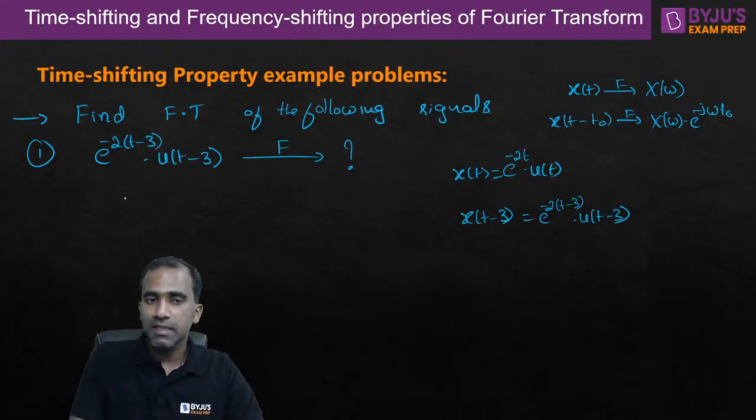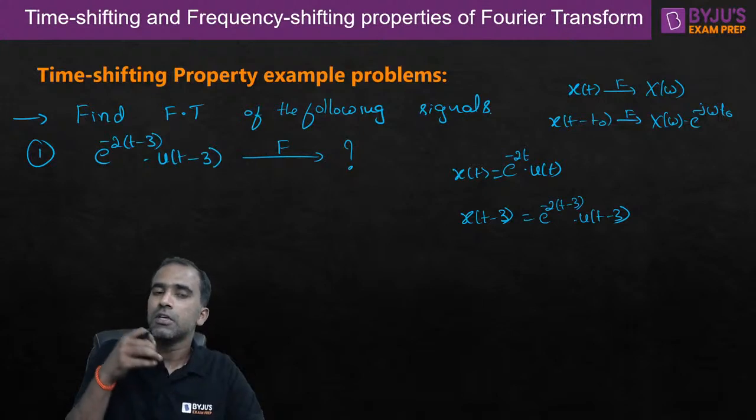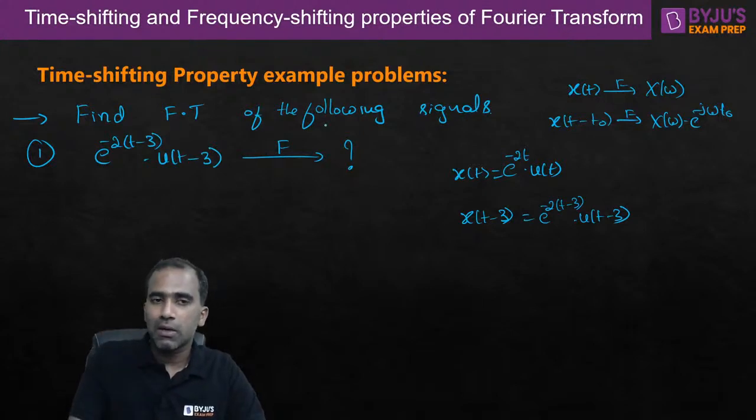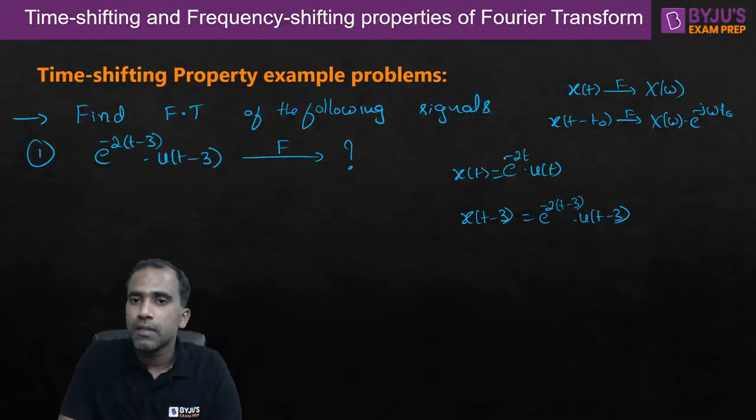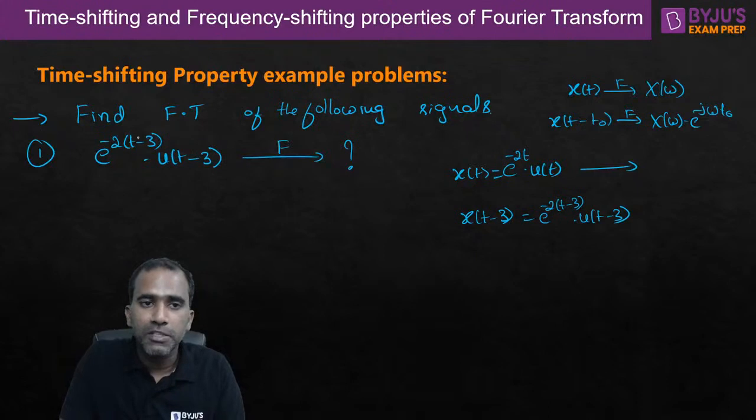Inside whatever signal they have given, remove all the operations they are doing, shifting, differentiation, all the other operations you can. Without those operations, if you can look at that signal, then the problem becomes easy, right? I can see only one operation happening here, that is time shifting. I have removed the time shifting operation, then the signal is going to look like this. If we know the Fourier transform of this one, we can find the Fourier transform of this one using the time shifting property.